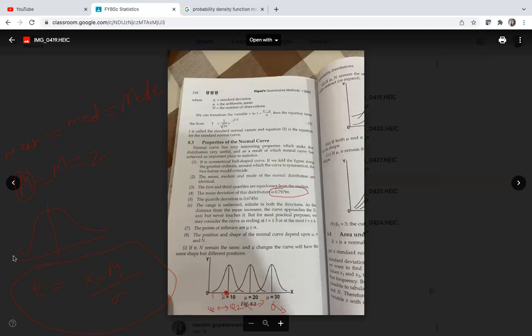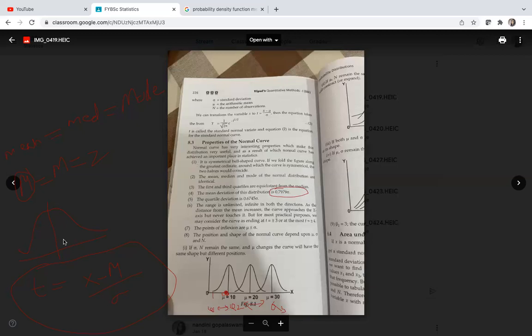Now, one small thing, if you observe, ये जो curve के इस तरफ और इस तरफ है ना, they will never touch the zero part. समझ में आ रहा है? नीचे touch ही नहीं होगा. It is infinite and unlimited in both directions. It will go on stretching, but it will never converge with your axis. ठीक है?